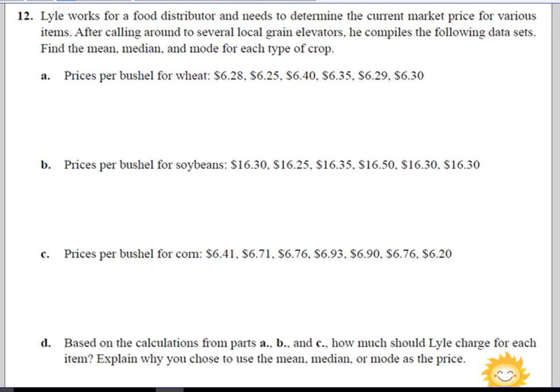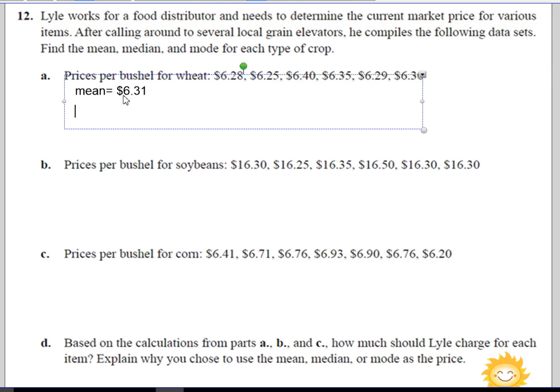And I will just give you those numbers instead of going through it. So if you want to pause and calculate them yourself and then check your answers, that I think would be good because we've done enough examples of these. I don't think you need to watch me do all of them. But the mean for our wheat would be $6.31.